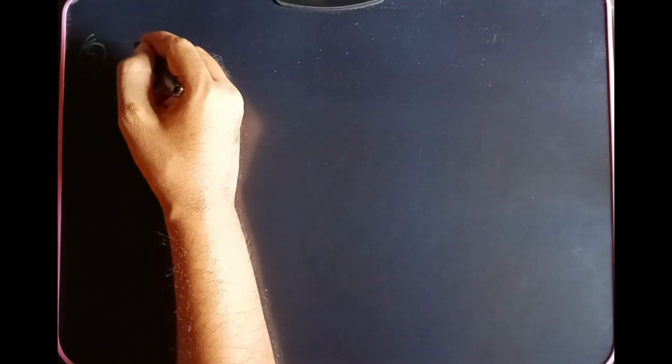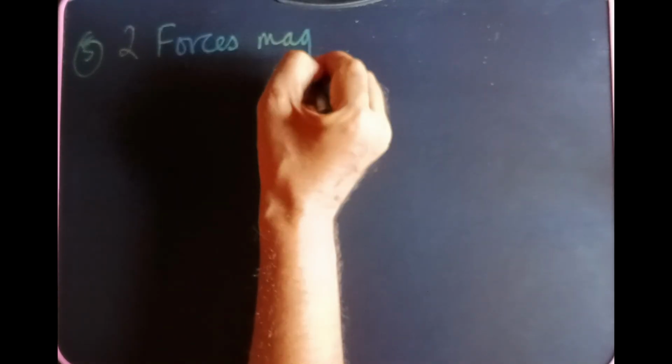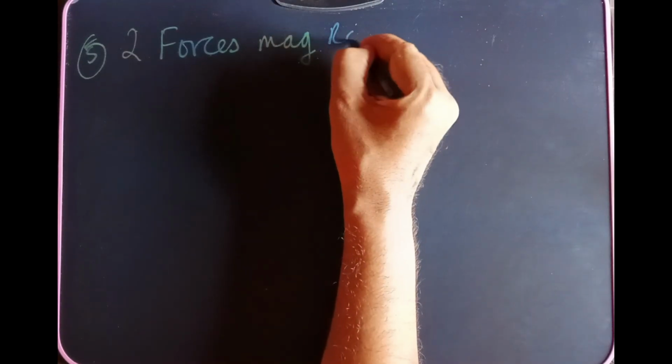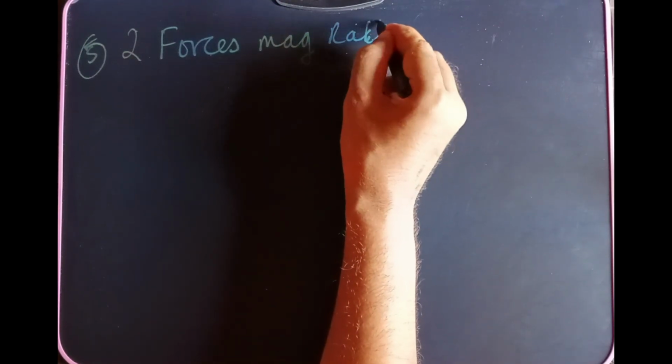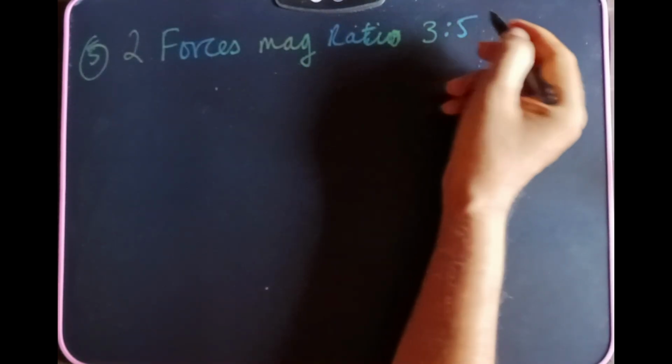Fifth problem will take two forces of magnitude, ratio is given. Two forces ratio is given. It is 3:5.